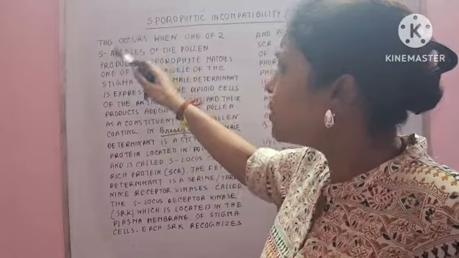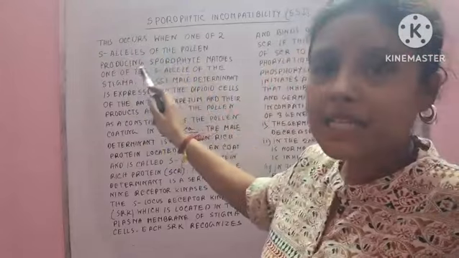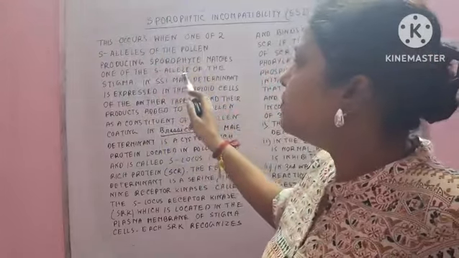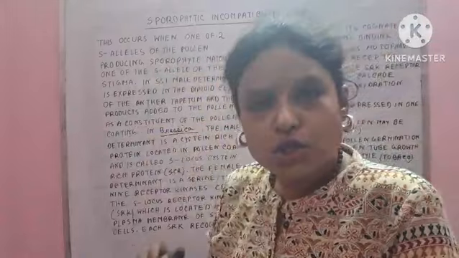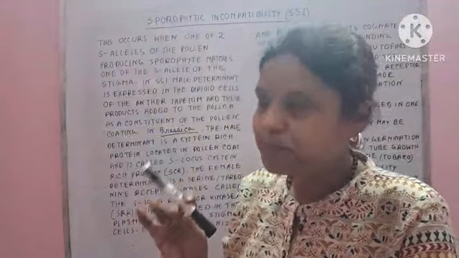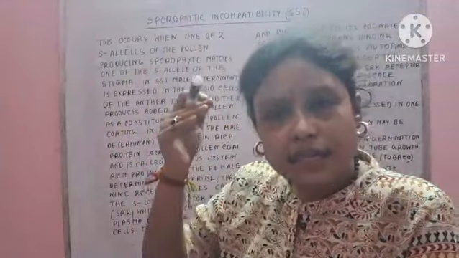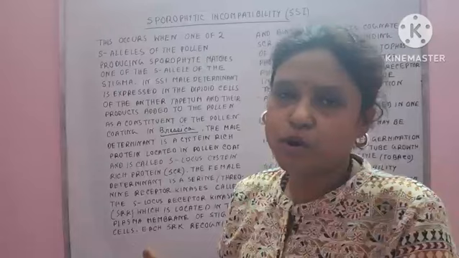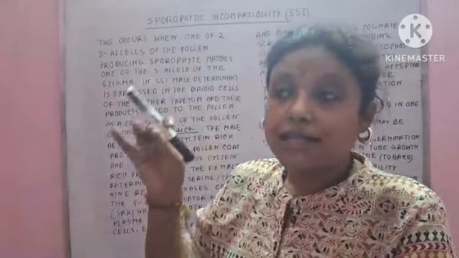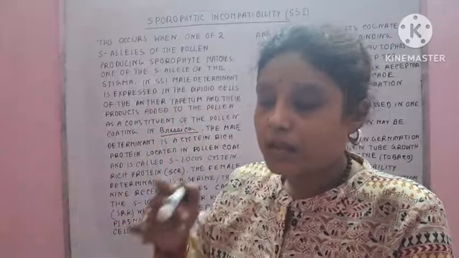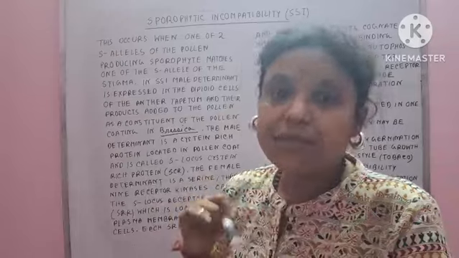Generally, the S allele produces the sporophyte, and it matches with the S allele sporophyte produced in the stigma. So the sporophyte is the important thing, not the allele. The S allele present in the pollen that produces the sporophyte matters when it matches with the sporophyte produced by the stigma's S allele.